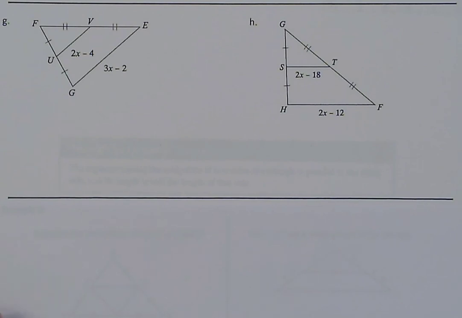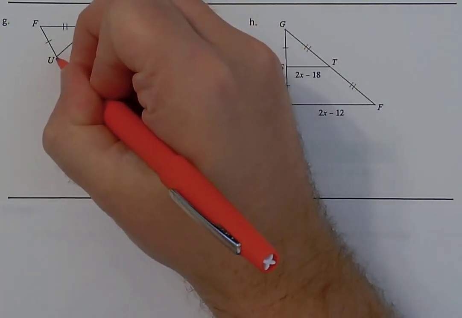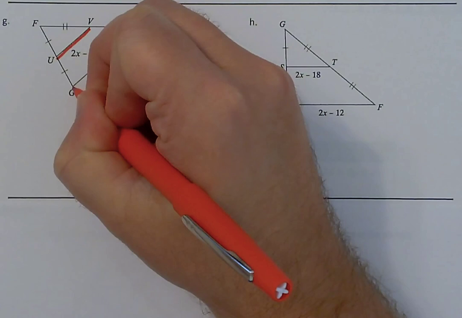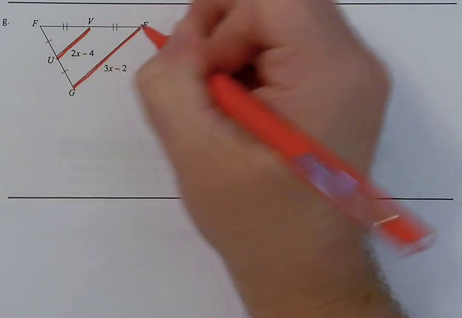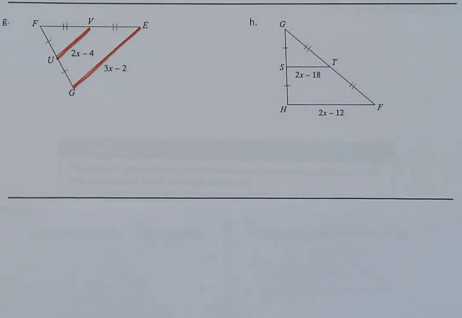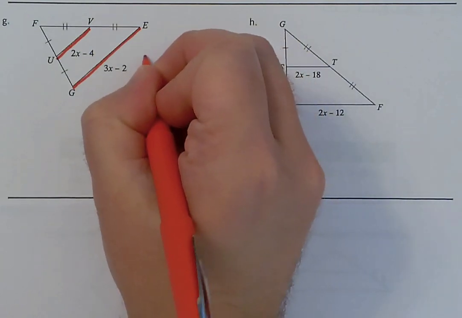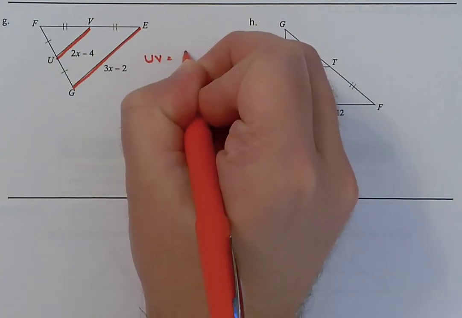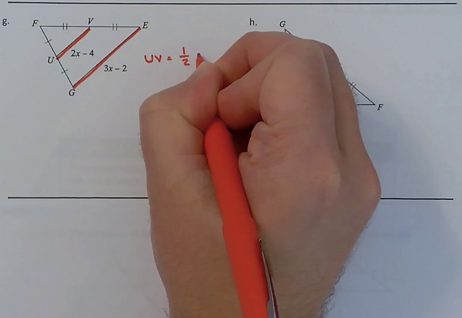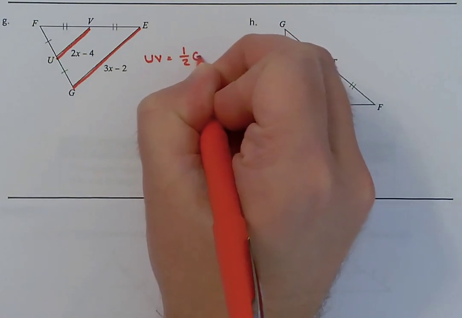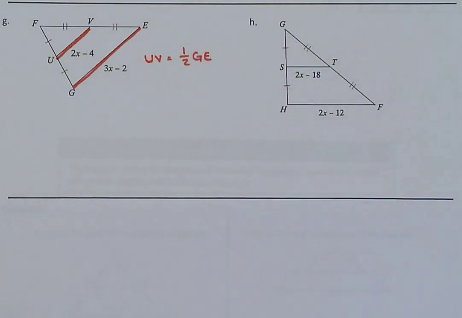So with that said, I know that UV is parallel to GE, so that means I know UV is equal to 1/2 the distance of GE. So we can plug the expressions into that formula of UV equals 1/2 of GE.